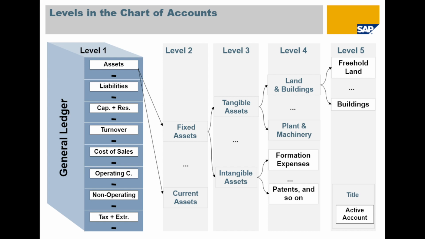So in the general ledger, we distinguish the balance sheet accounts and income accounts, which are also called the profit and loss accounts. The balance sheet accounts are the first three drawers: the assets, the liabilities, and the capital and reserves. The bookkeeping balance of these accounts is kept from one fiscal year to the next.